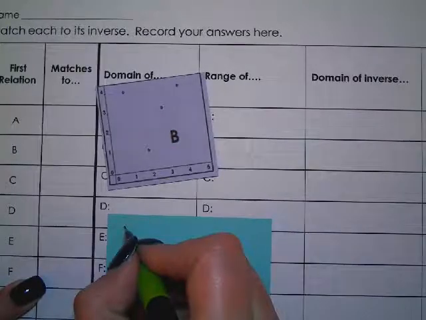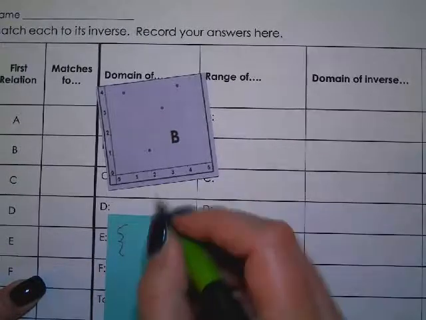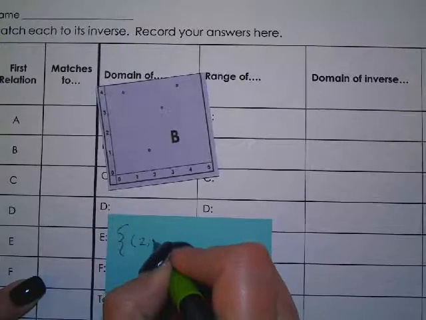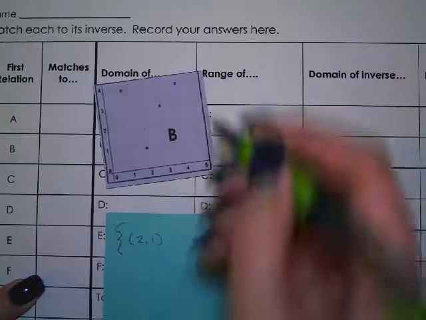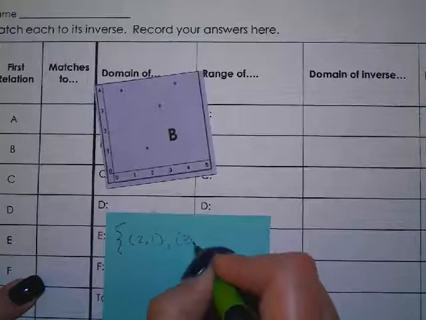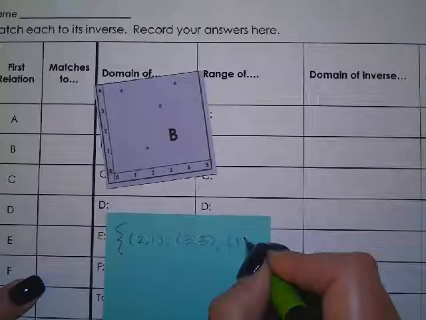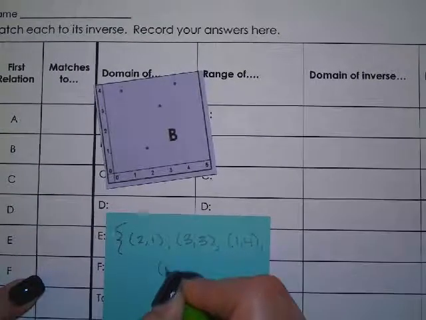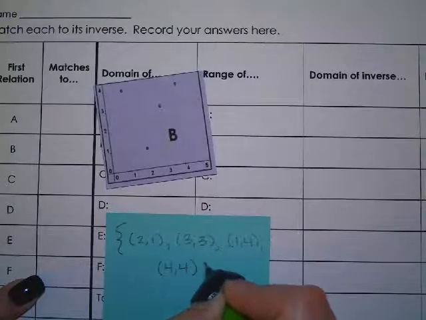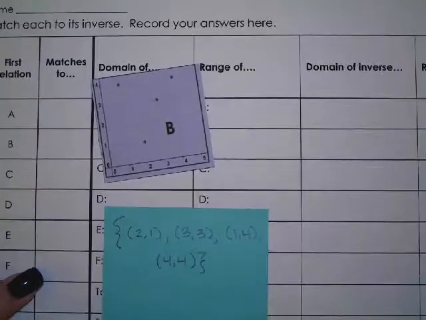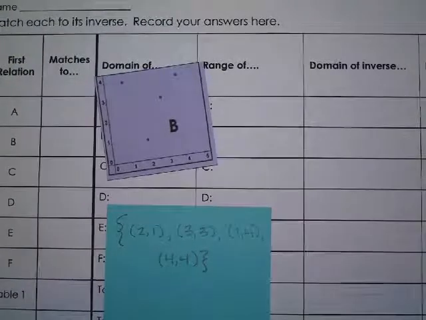I've seen them just write relations like this, and they would write down the points. So this would be the point 2, 1, and then we've got the point 3, 3, and then we've got the point 1, 4, and we've got the point 4, 4, and they would say that's the relation. Does that make sense?